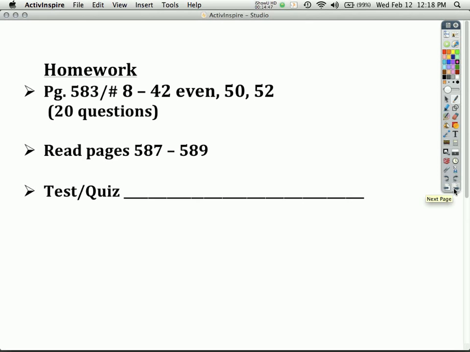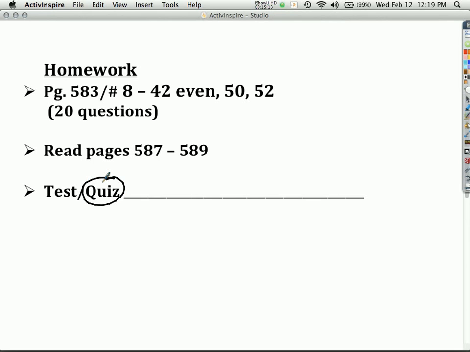All right, your homework. It's page 583, numbers 8 through 42 even, number 50 and 52. It's a total of 20 questions. You've got 2 days to do it. You're going to read the next section. Very important. You are going to have a quiz, and make sure you write this down carefully because it's not the normal way.